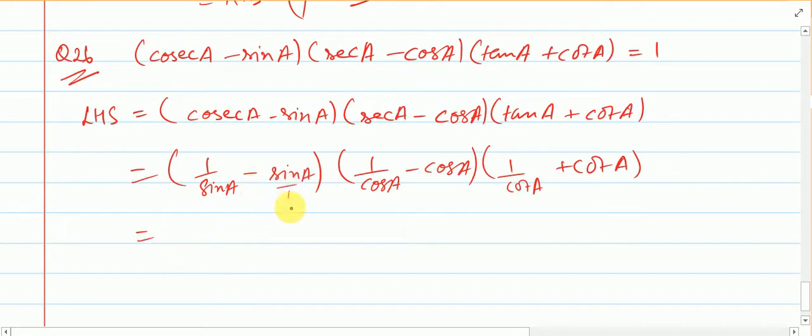Now here we have nothing but 1, here nothing means 1, here nothing means 1.